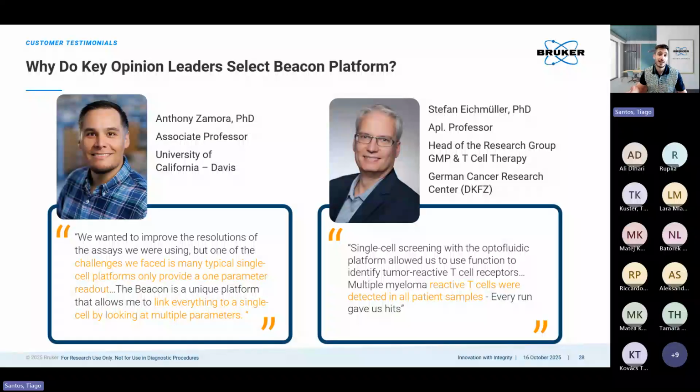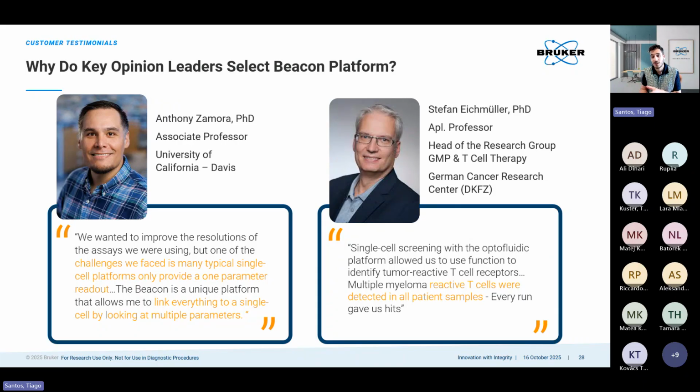One of the highlights of the webinar and the way that he presented the data is that he has years and years of experience in cell therapy and CAR-T development, and his workflow was very much based on splitting the sample, going to flow cytometry, going to bulk cytotoxicity, going to Luminex even to look at cytokine secretion.